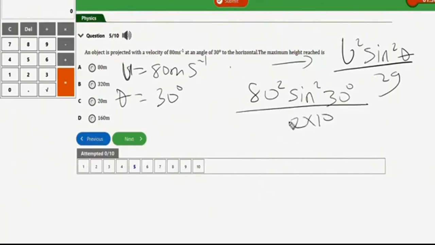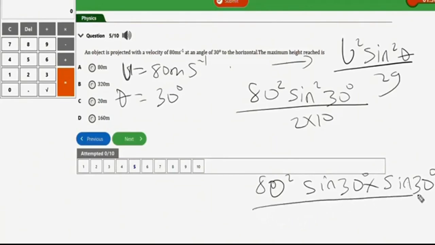Alright, now to break this down, this is same thing as 80 square times sine 30 degrees times sine 30 degrees over 20. Alright, so I've already established that sine 30 degrees is same thing as 0.5.